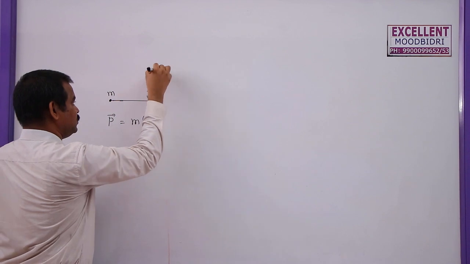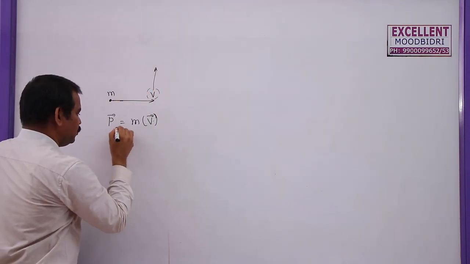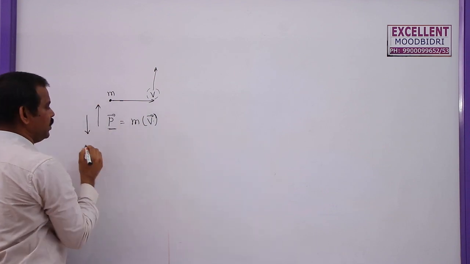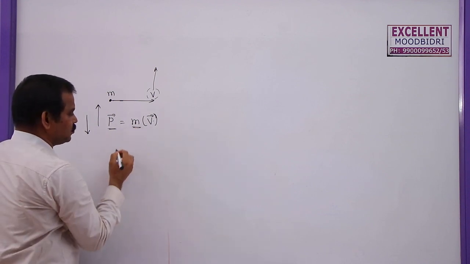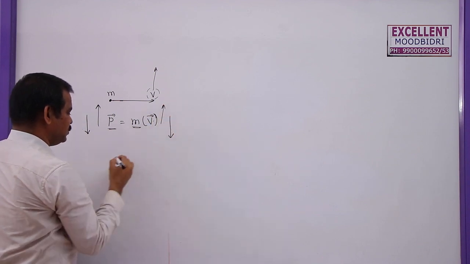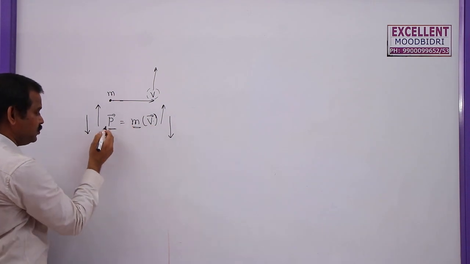To increase or decrease this velocity, that means if I want to change the momentum, either increase or decrease it, I cannot change the mass of the body, because mass is always constant. I need to increase or decrease the velocity. That means when I am changing this velocity, I am changing the momentum.